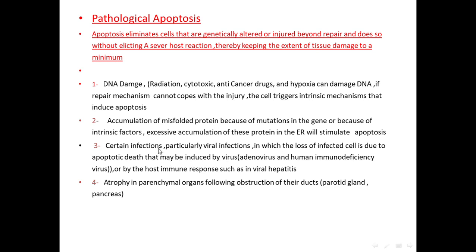Certain infections, particularly viral infections, in which the loss of infected cells is due to apoptotic death, may be induced by the virus, such as adenovirus and human immunodeficiency virus, or by the host immune response, such as in viral hepatitis.